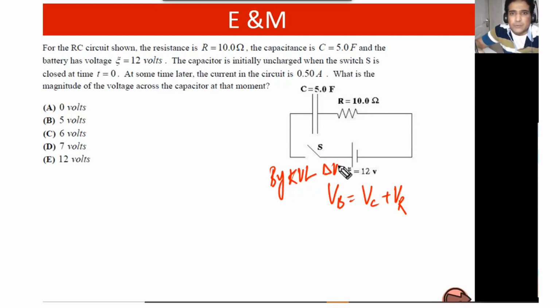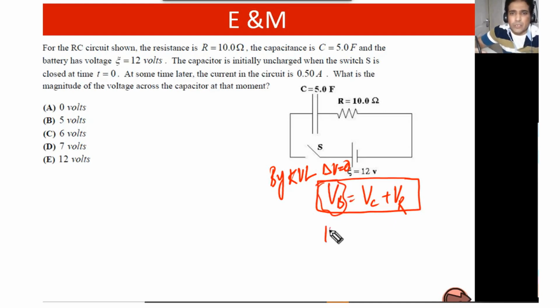Delta V has to be equal to 0. If you solve, you will get your answer. I think the answer is D. Please understand, at any time KVL has to be true, delta V has to be 0. It means VB has to be equal to VC plus VR. VB means the voltage across the battery.